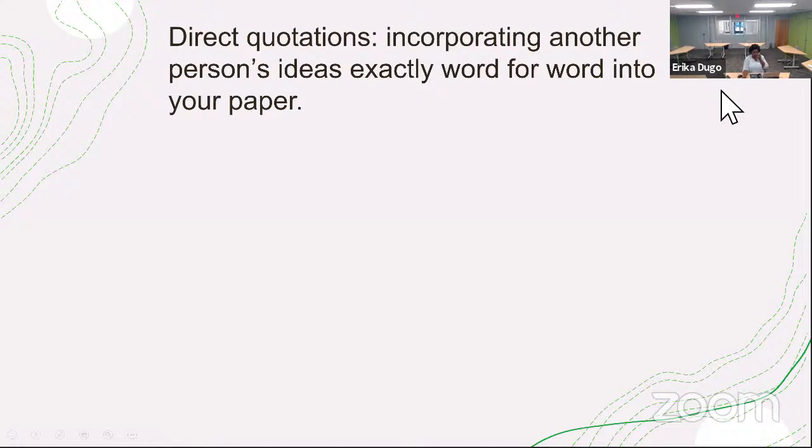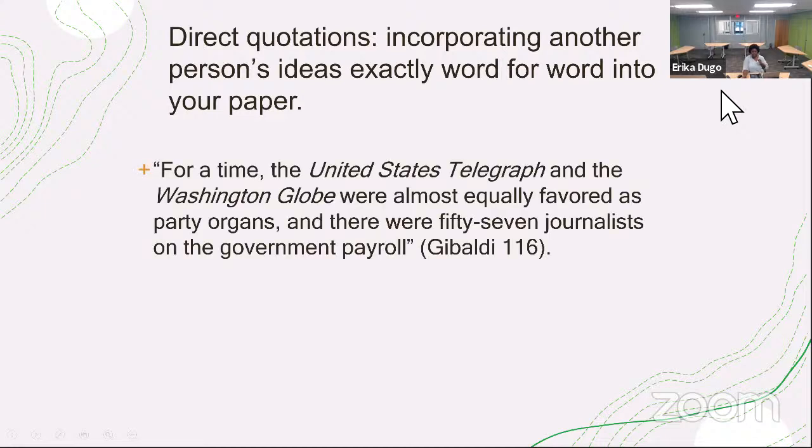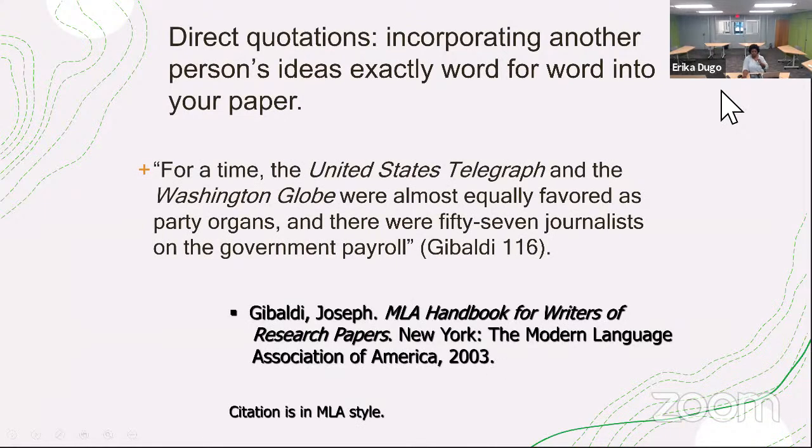So the first kind of information that requires a citation acknowledgement is when you're using a direct quotation. So you're incorporating another person's ideas exactly word for word into your paper. And here's an example of that. So this particular quotation is written in MLA style.